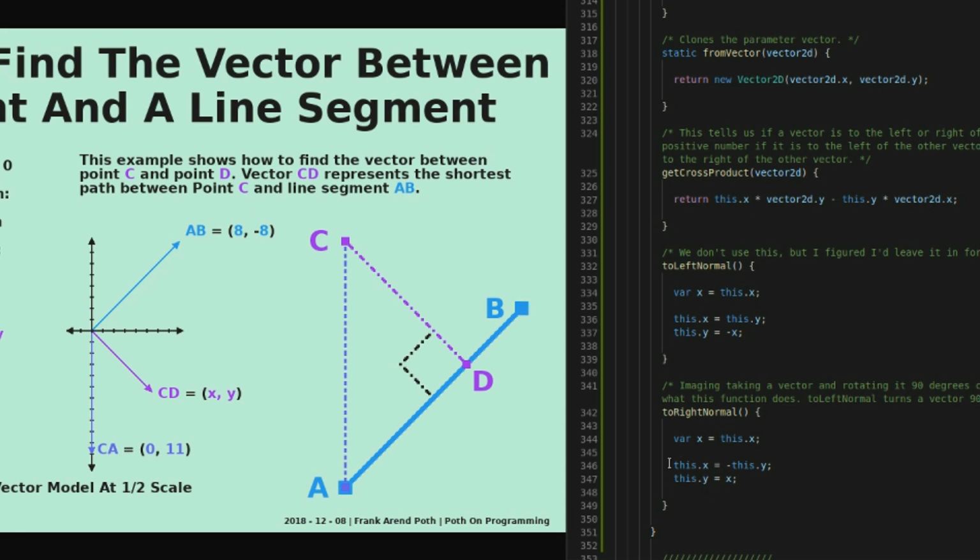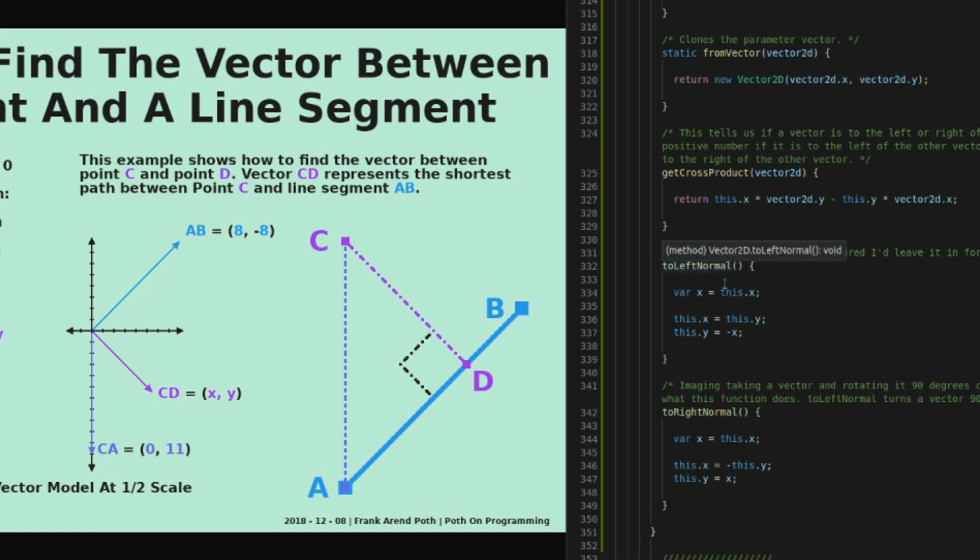Basically you just take the x and y components of the vector and you switch them around. You set the x component equal to the y, and you set the y component equal to the x, and you basically take your vector and rotate it 90 degrees either to the right or to the left. One thing to note is we negate one of those values.